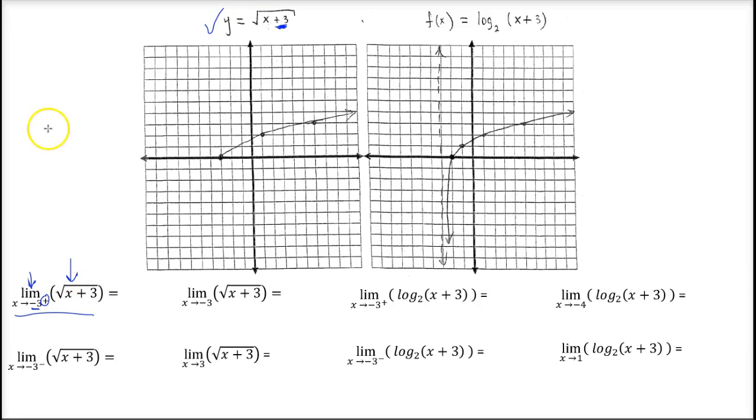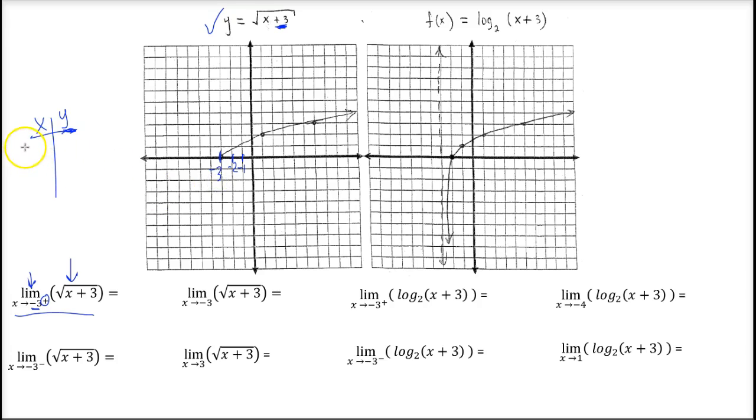Okay, so what do I mean by that? In terms of the x values, I want to study as x gets closer and closer to -3 coming from the right. So if I'm looking at that from a negative standpoint, of course, this would be -1. This would be -2. And of course, here would be -3.